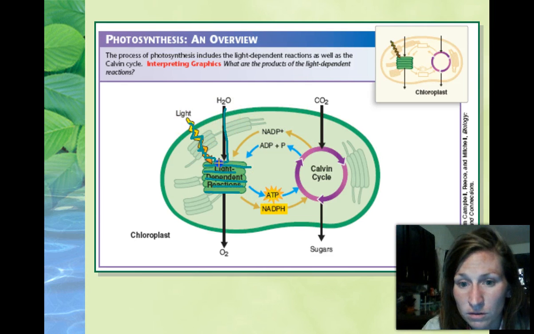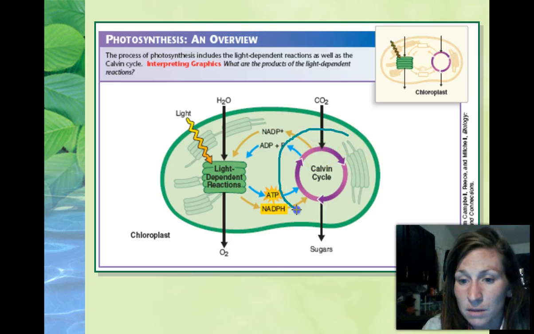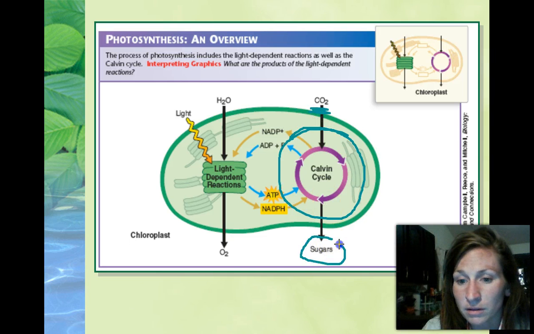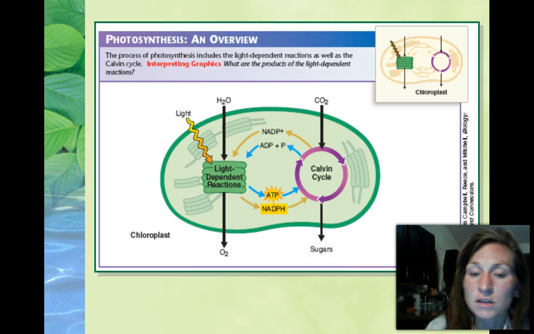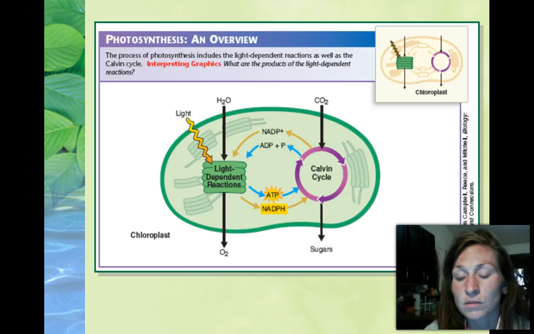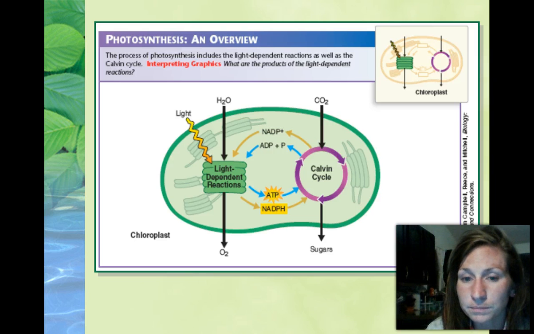Water is also used to make a product of oxygen. In the light-independent reaction, remember the Calvin cycle, this is where the CO2 reactant comes in and we get a product of sugars. Now, as we continue on in the notes, we're going to talk about these two separately and then put them back together again.